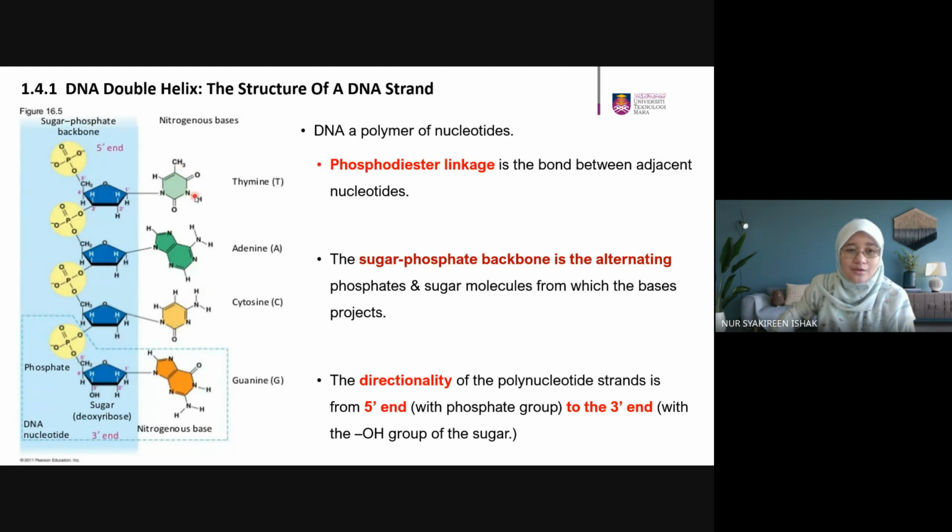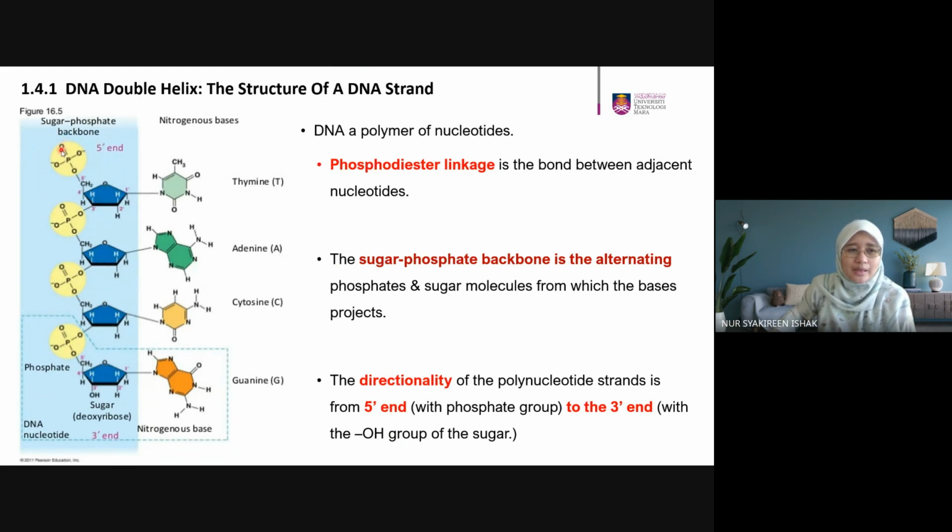Okay. So if this DNA is double stranded, so thymine will pair with adenine on the other strand. Okay, so a double strand. So adenine will pair with thymine, cytosine with guanine, guanine with cytosine on the second strand here. Okay.